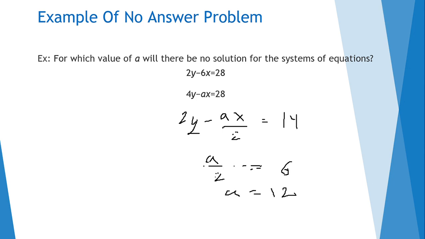which can't happen. We could also, this is a little bit slower, but it's very reliable rather than just looking and scanning, convert these into slope-intercept form.